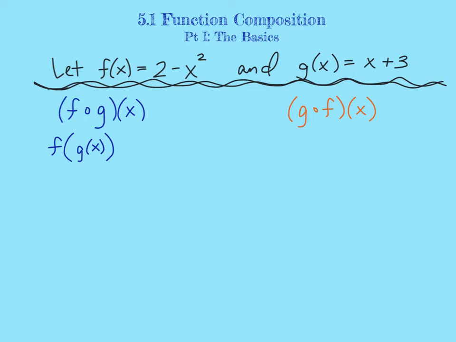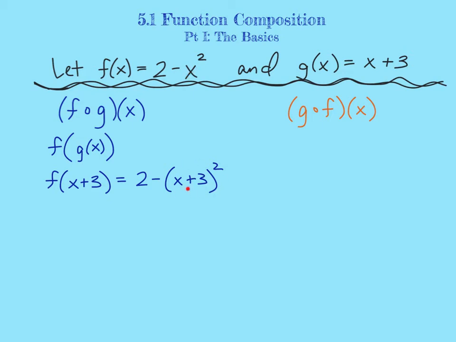So the f of x function says whatever input, we do 2 minus that input squared. So we're inputting x plus 3. So we're taking f of x plus 3. So we are doing 2 minus, and then our input, x plus 3, and squaring it right here.